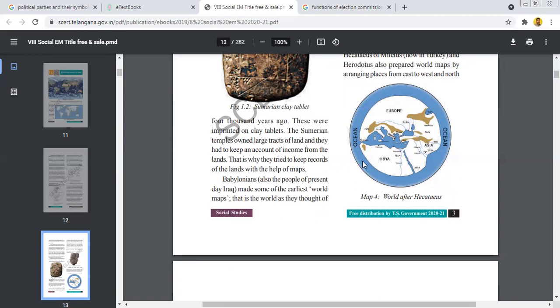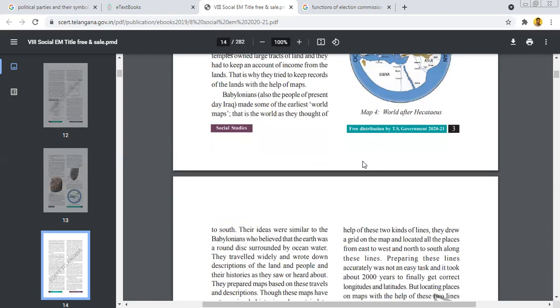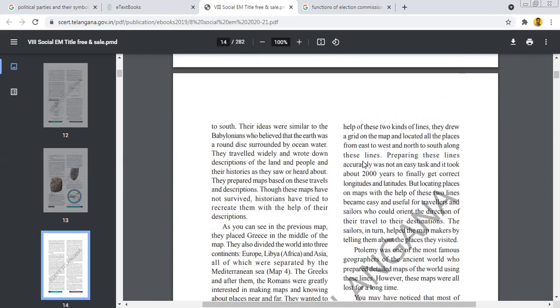Okay, next, before the books of Ptolemy were discovered, most of the maps were prepared by European people. That's why European map makers were influenced by the religious ideas of the Bible at the time.